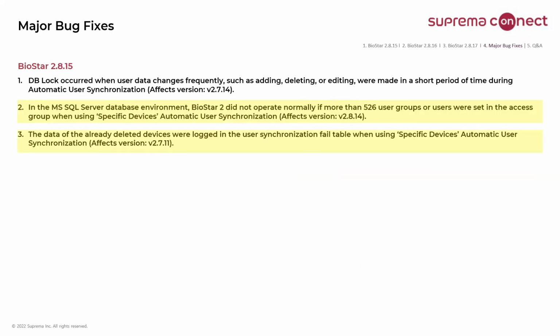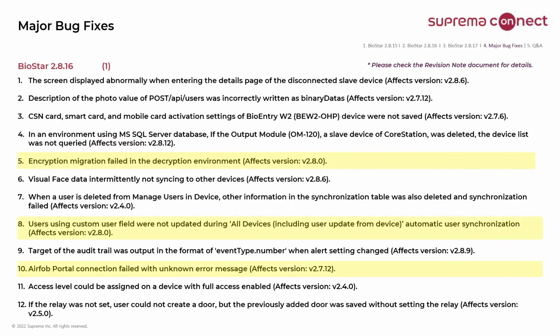This is a bug fix in BioStar 2.8.15. A total of 3 modifications have been made. This is a bug fix in BioStar 2.8.16. 2.8.16 has a lot of fixes, so customers who experienced inconvenience while using previous versions, please check the complete list of bug fixes through the revision notes.